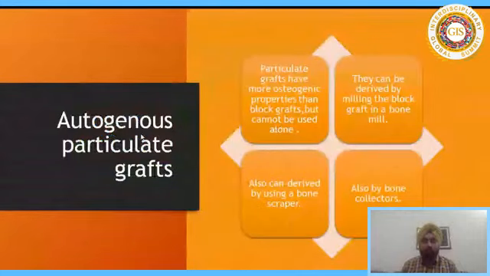Now, autogenous particulate grafts. Particulate grafts have more osteogenic properties because the surface area is increased, but they cannot be used alone because they will resorb. They can be derived by milling the graft in a bone mill, or you could just use a bone scraper to scrape off the harvested graft.